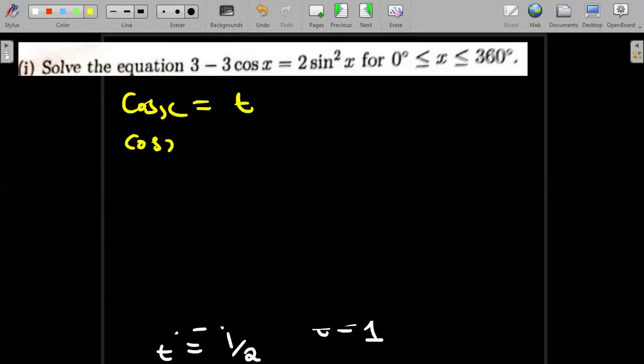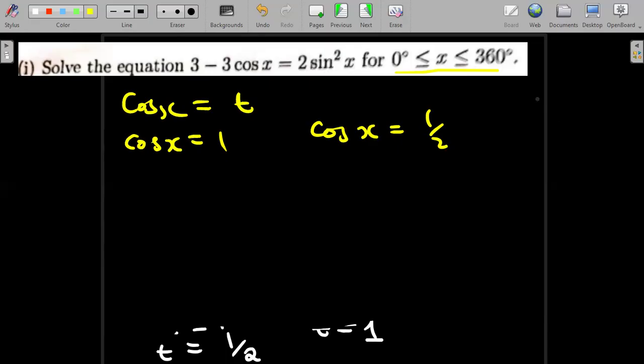Which means cos x is equal to 1, and cos x is equal to half. So those are my two values. What do I do with those? I check in the interval I've been given, from 0 to 2π.